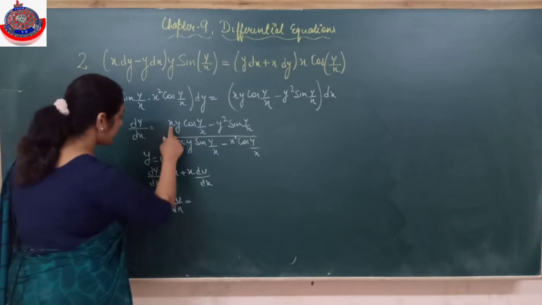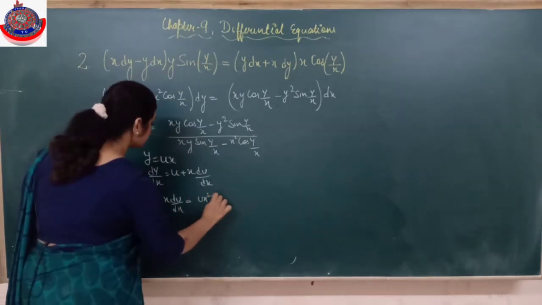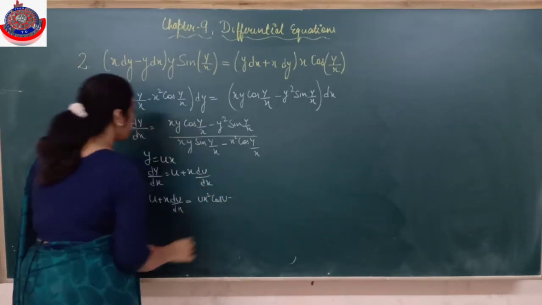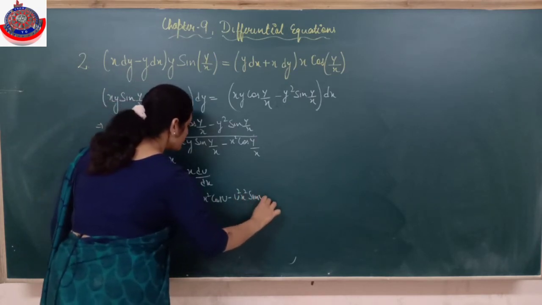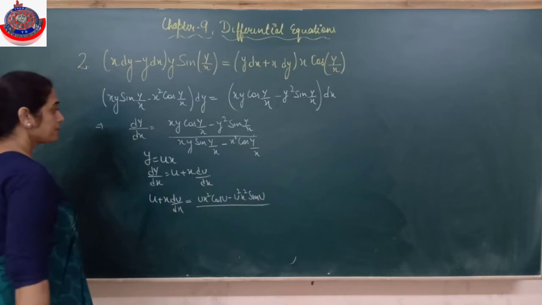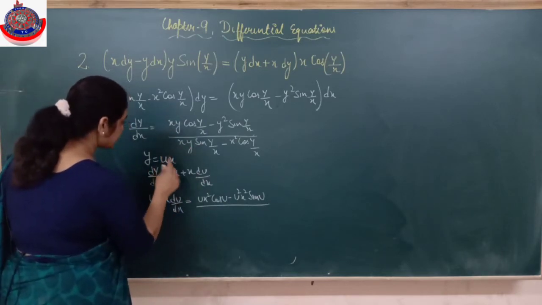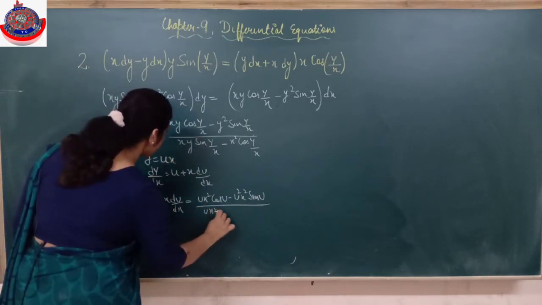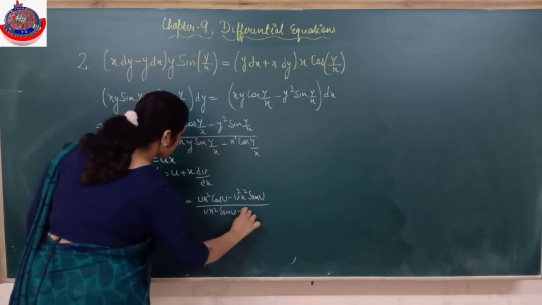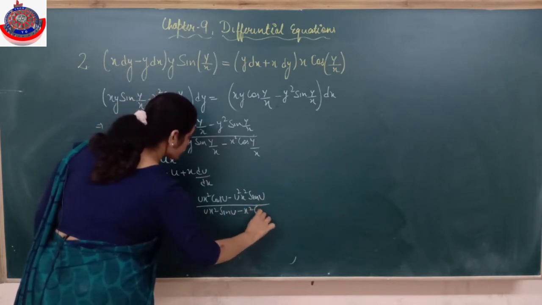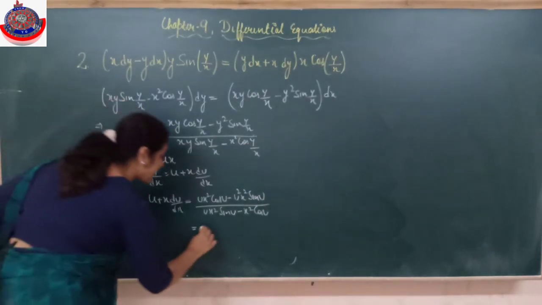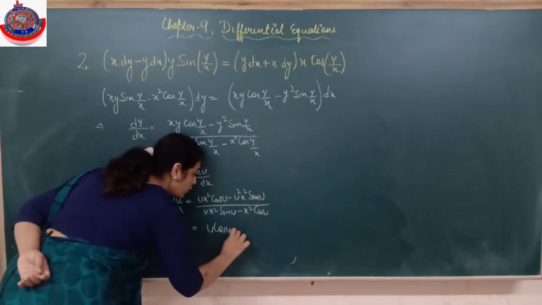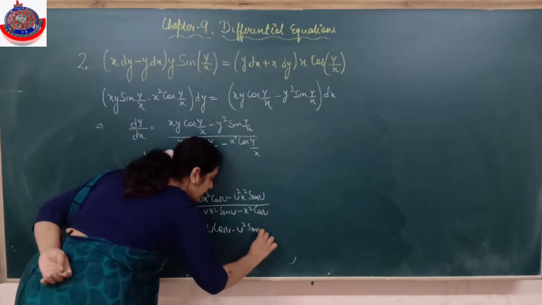Y is ux, so it will become u x square cos u, plus u square x square sin u, upon ux into x, ux square sin u minus x square cos u. X square can be taken common from the numerator and denominator and it will get cancelled. So I am left with only u, and that means I am going correct.